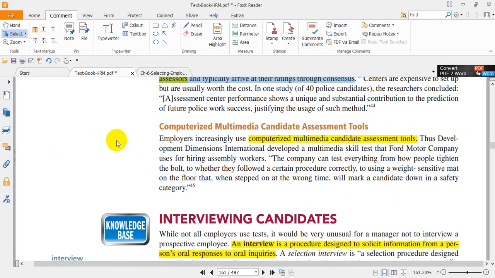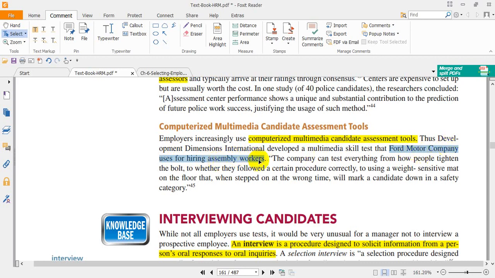So the last type of selection tests is computerized multimedia candidate assessment tools. Employers increasingly use computerized multimedia candidate assessment tools. Thus, Development Dimensions International developed a multimedia skill test that Ford Motor Company uses for hiring assembly workers.